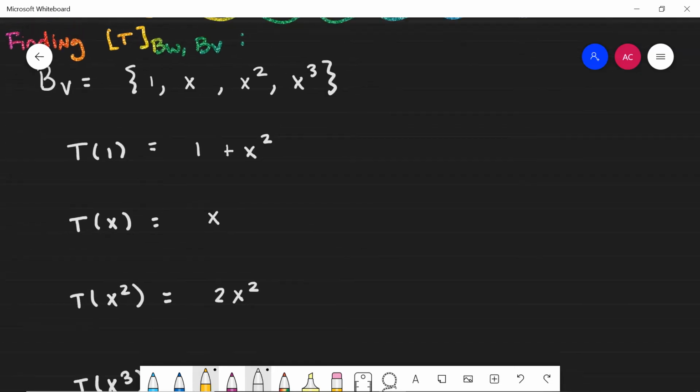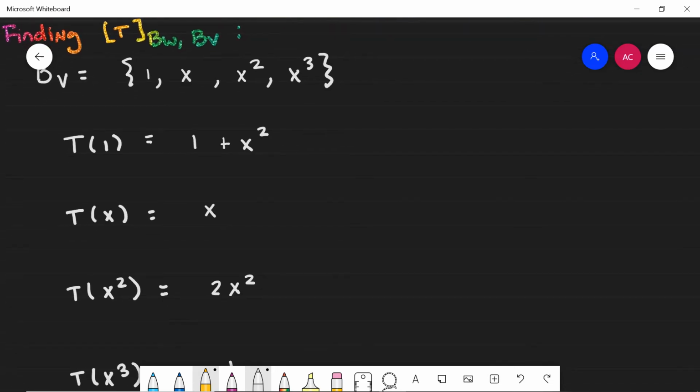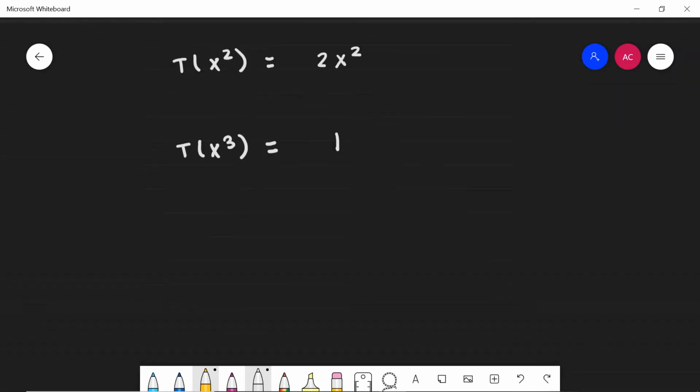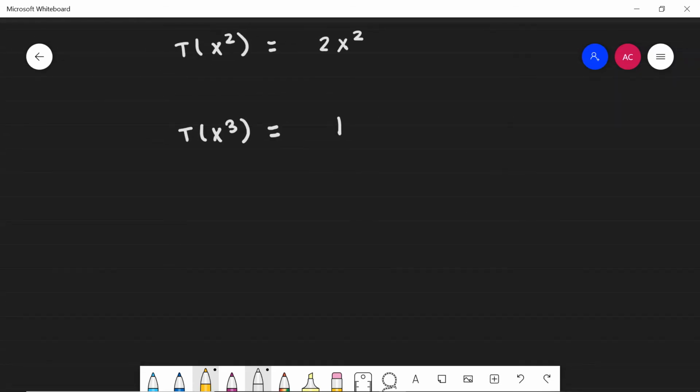Now the next step is the following. In order to construct the matrix representation, I take these vectors and look at their coordinate vectors. So the matrix representation of T with respect to bases B_W and B_V is given by doing the following.